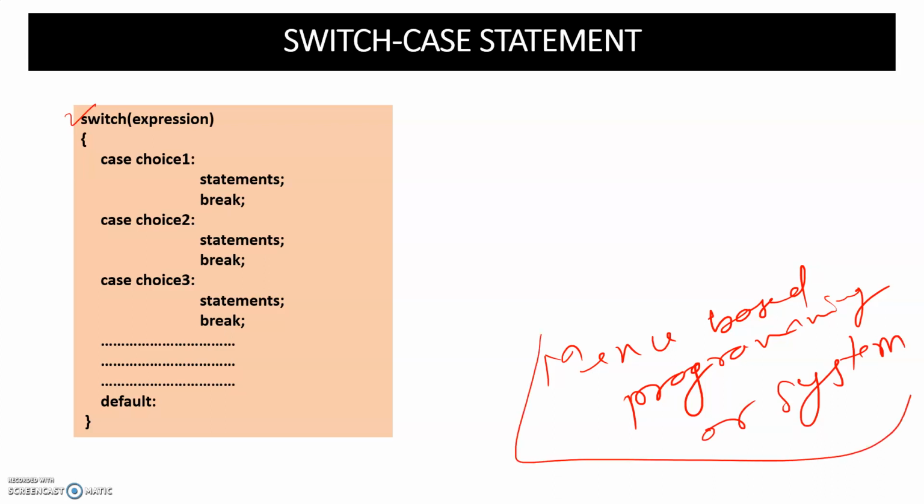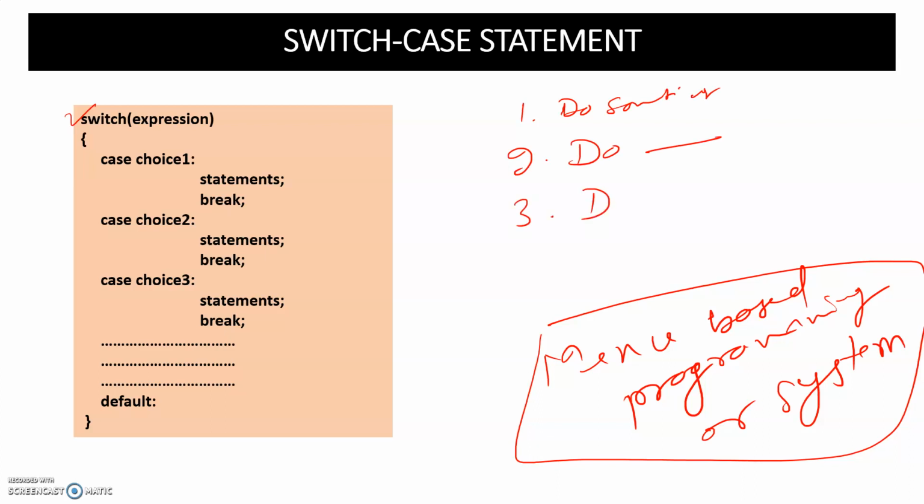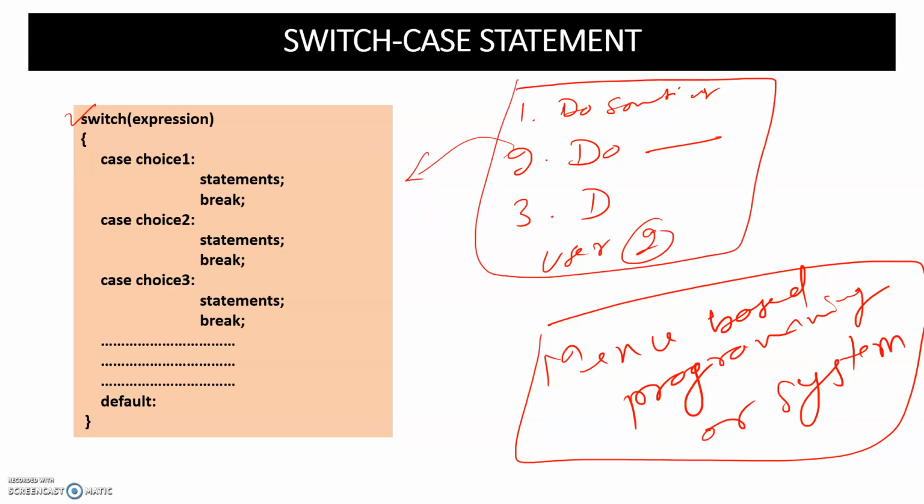Menu based programming or system means you can specify one, then do something, two, then do something, three, then do something. So you are giving a choice to the user. What will the user do? The user will select any of these conditions, and accordingly something will happen. To achieve this type of output, we use switch case statements.